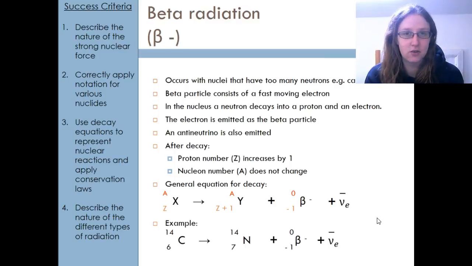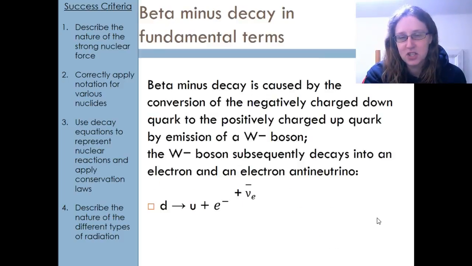and the anti-electron neutrino. Okay, so I've said that what's happening here is that a neutron is decaying into a proton. Now I have also told you that neutrons and protons are made up of quarks. So we can actually think about this in more fundamental terms. We can talk about the beta minus decay as being a conversion between quarks.